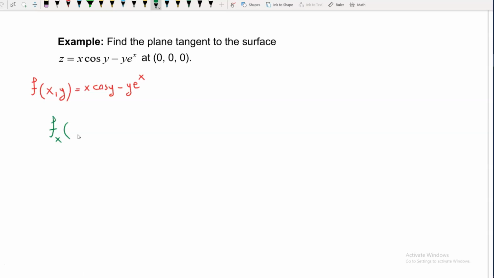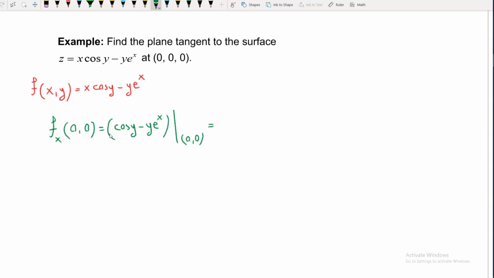Here we have x, y, so it is this point, 0, 0. This is equal to, so partial derivative of f with respect to x, here is cosine y minus y times e to the x at this point, 0, 0.